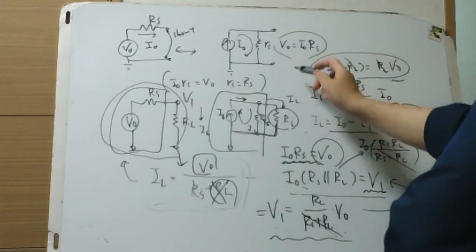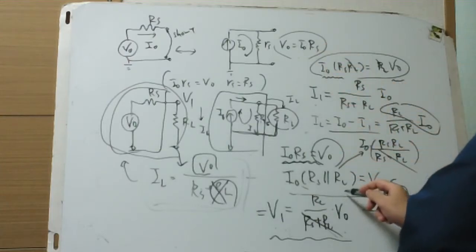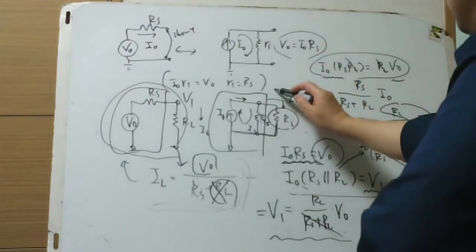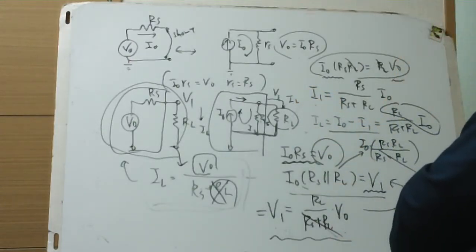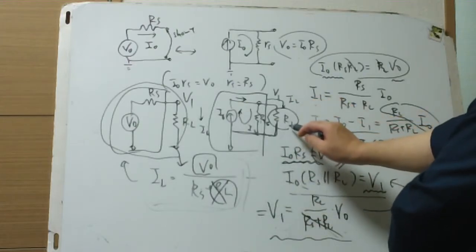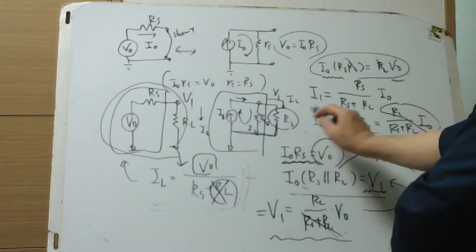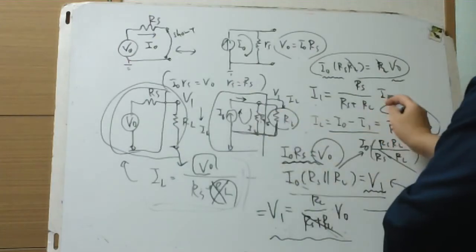IO times RS equals VO. This is V1. IO is distributed in two ways. IL running through, equals RS over RS plus RL times IO.